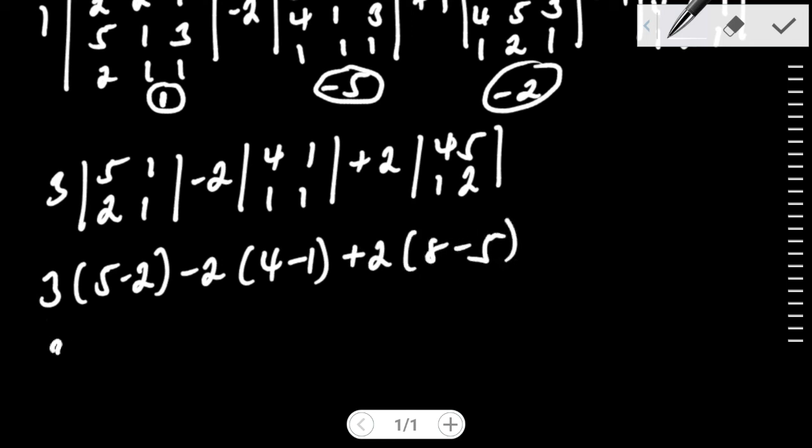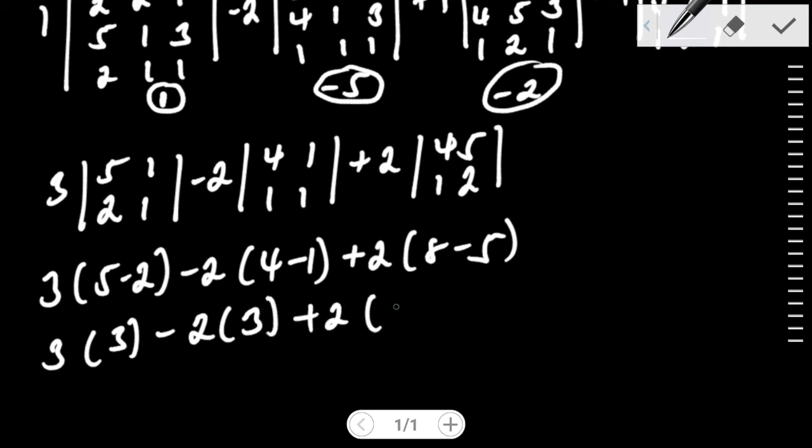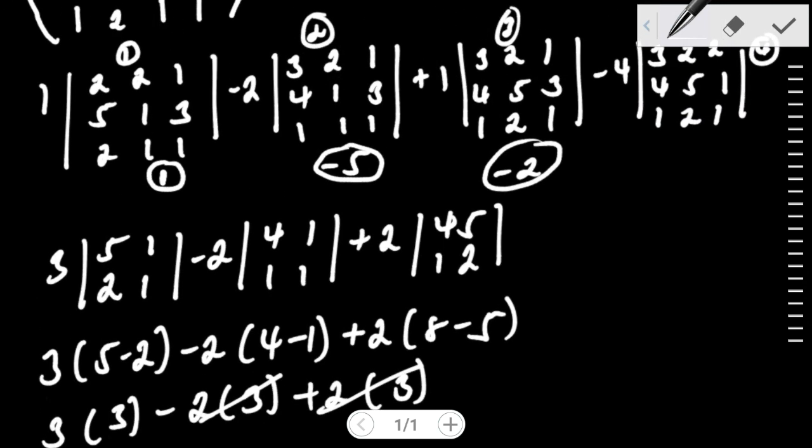That is 3 into 3, minus 2 into 3, plus 2 into 3. The minus 6 and plus 6 cancel, but this 3 into 3 is going to be 9. Therefore the fourth matrix has given us a determinant of 9.